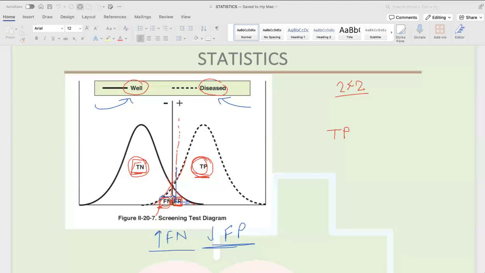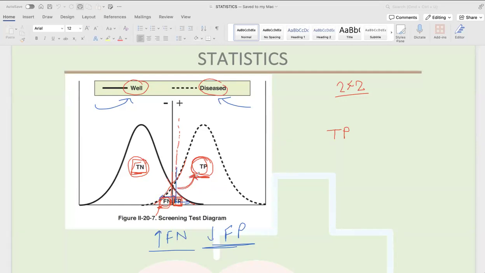Now, if suddenly false negative increases, it means the test was not able to say that you are truly positive. So by increasing this cutoff point, we reduced the true positive people and increased the false negative.